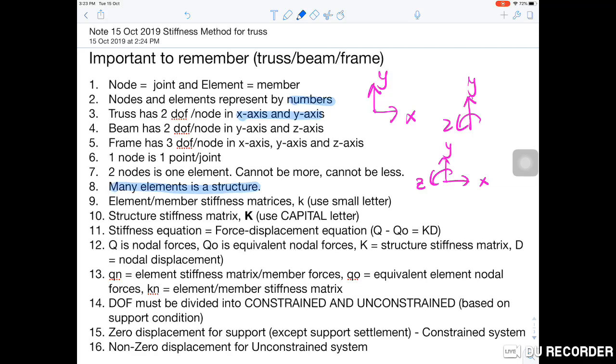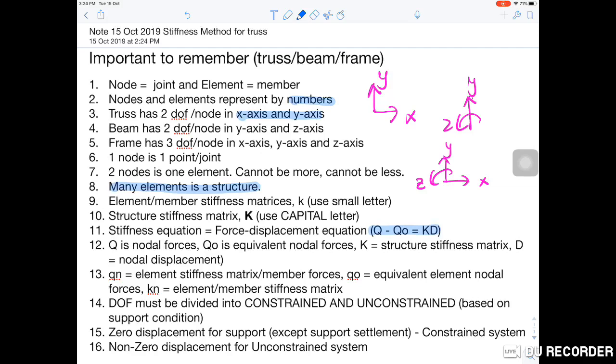This is the basic equation, where Q is nodal forces, Q naught is equivalent nodal forces, K is the structure stiffness matrix, D is nodal displacement. For the structure we use capital letters to represent these. And then we have the small letters.